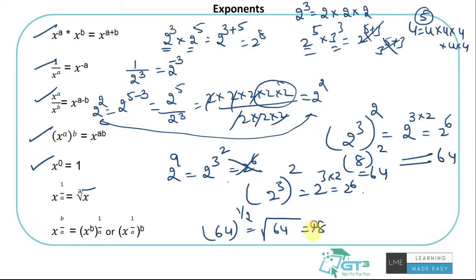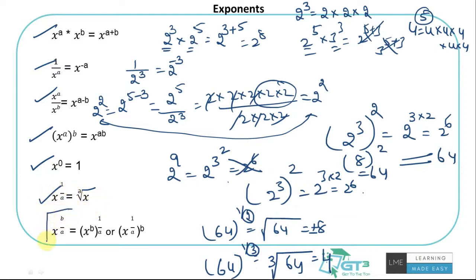You can technically say it is plus or minus 8, to be frank. Even minus square root of 64 can be minus 8 as well. Or if I say 64 whole power 1 by 3, that is the cube root of 64. Cube root is coming because it's 3, square root is coming because this is 2. So the cube root of 64 is 4, because 4 cube is 64. So x power 1 by a is written as the a-th root of x.